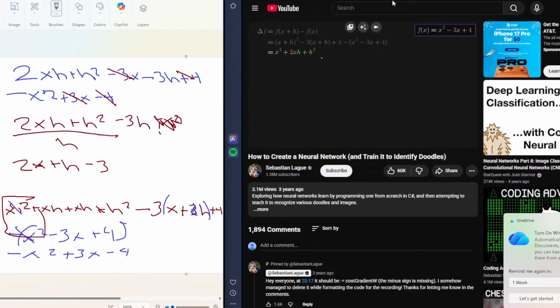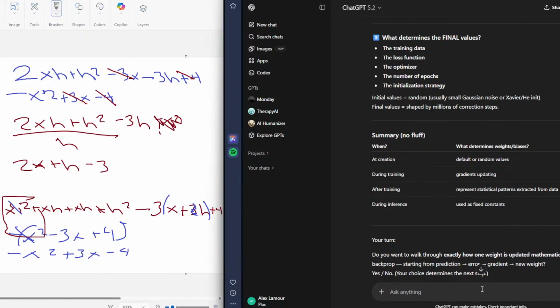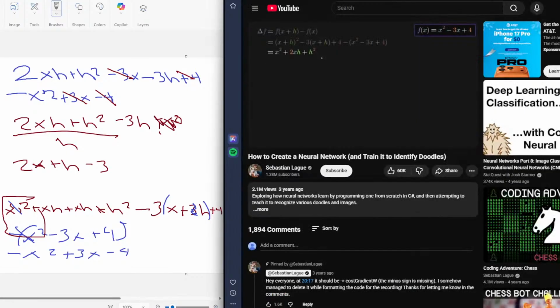Now, let's sit down for a second and look at the delta of f, finding something like f of x plus h minus f of x.